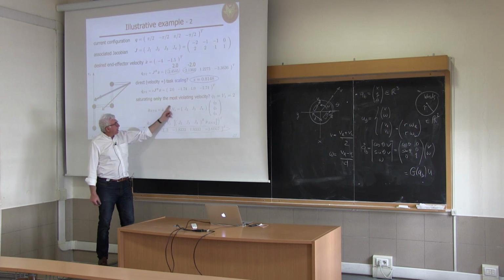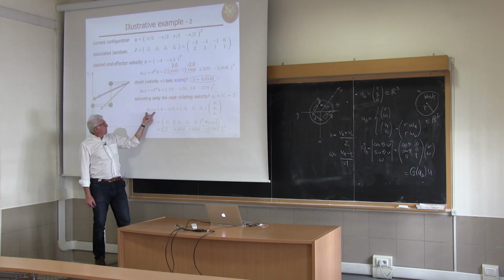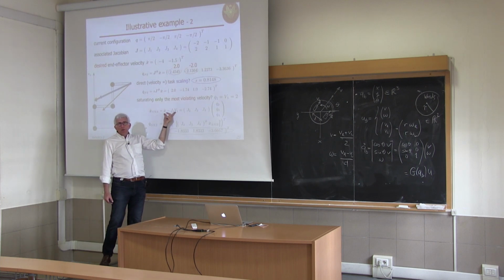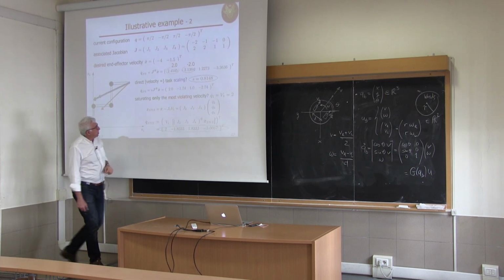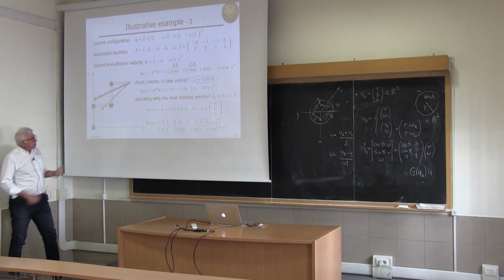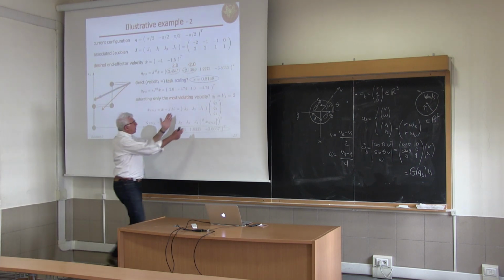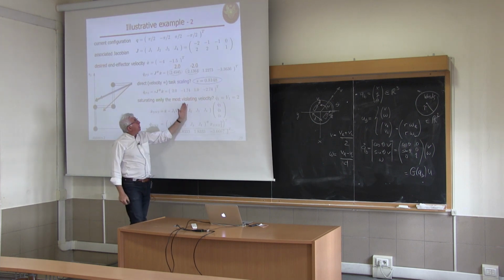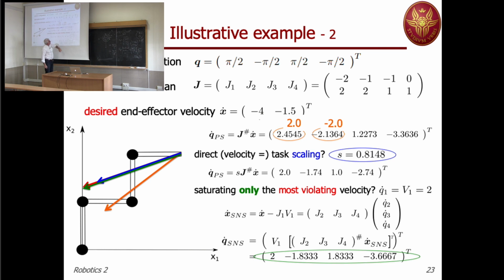So what we have to realize with the remaining 3 joints is this new velocity, which is the original one modified by the presence of J1, V1. So we have a new problem with a 2 by 3 submatrix. The last 3 columns of this matrix, multiplying the 3 joint velocities, should realize this velocity. And we start with a minimum norm solution for this restricted problem.